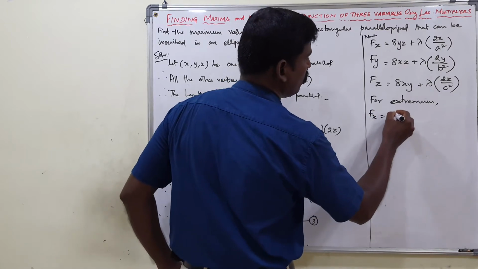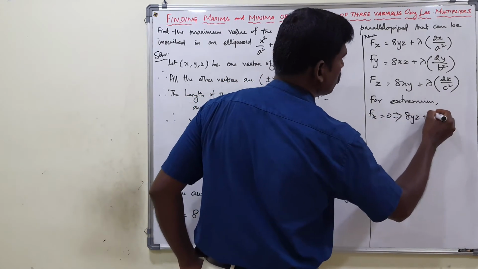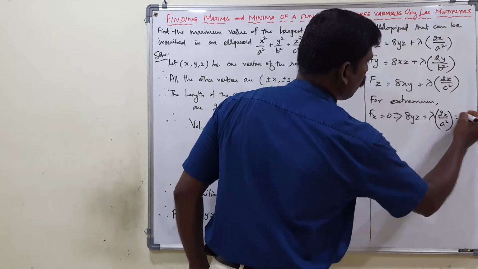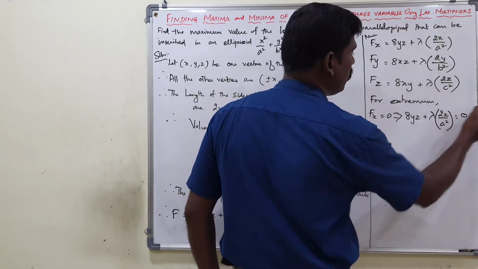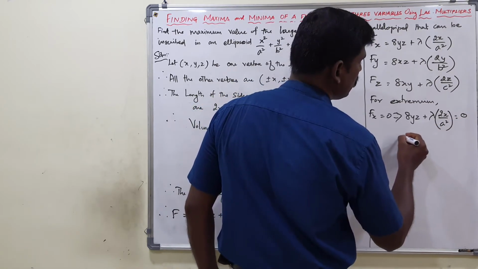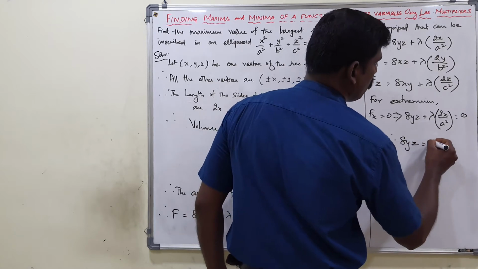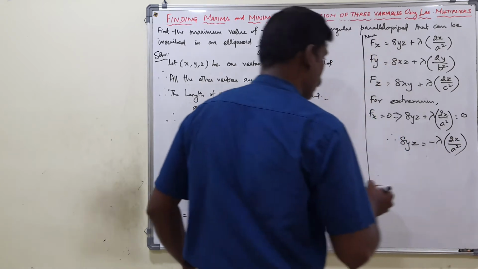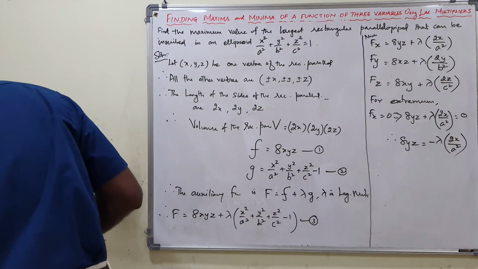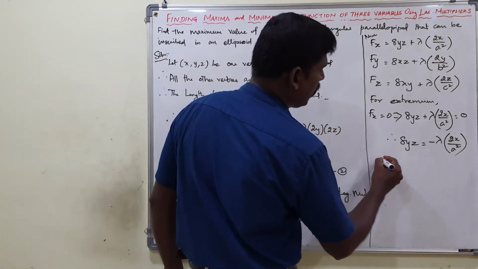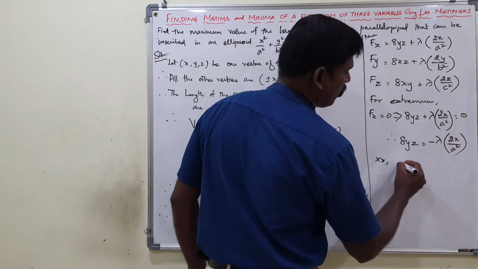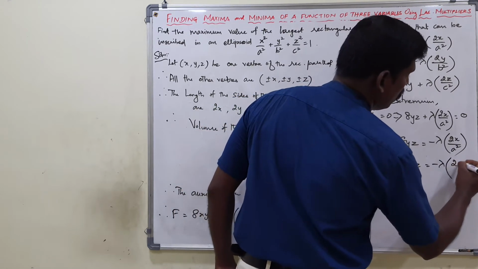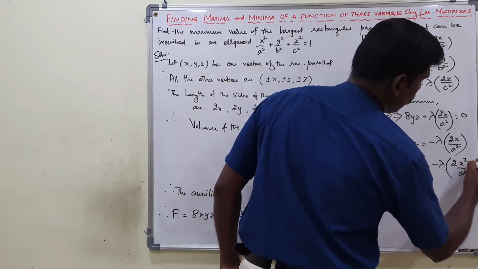So Fx equal to 0 implies 8yz plus lambda into 2x by a square is equal to 0. Taking this to the right hand side, 8yz is equal to minus lambda into 2x by a square. Now multiply by x on both sides. Therefore 8xyz is equal to minus lambda into 2x square by a square.